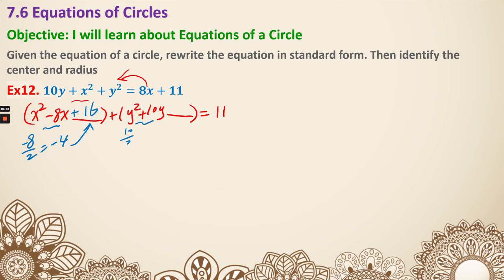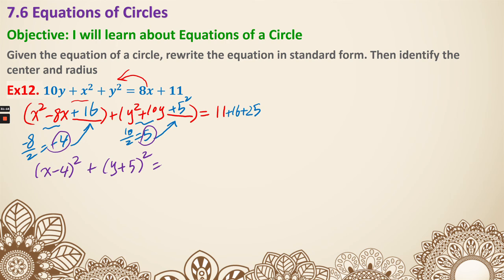This is a 10 divided by 2 is a 5. So the number I need right here is going to be 5 squared. So right side, I'm going to need to add 16, then add 5 squared, which is 25. Next, put in parentheses. I need this number, (x minus 4) squared, plus I need this number, (y plus 5) squared. The right side, 11 plus 16, that is 27 plus 25, that's 52.